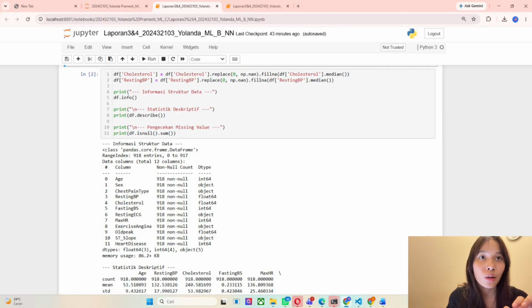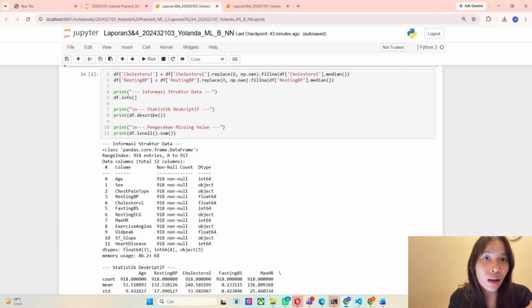Below the count plot, we have the Pearson correlation heat map for the numerical features. This matrix is vital because it shows the linear strength between features and the target. If you look closely at the bottom row, Oldpeak and Age display the strongest positive correlation with heart disease, meaning older age and higher ST depression values align with increased heart risk.